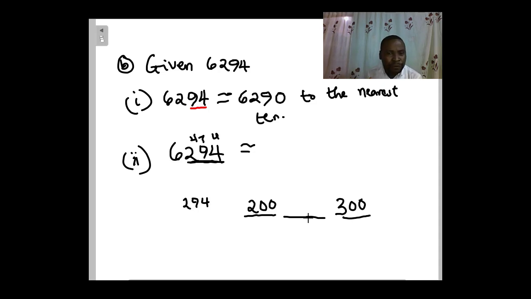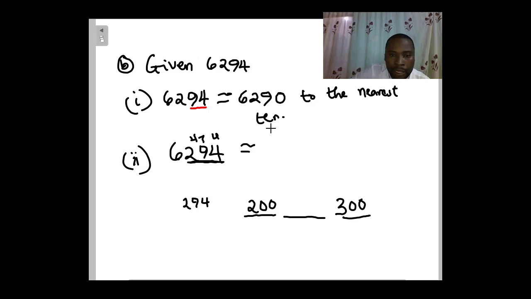But if you are counting from 294 to 300, you're going to count just 5 steps and you will reach 300. Only 5 steps, because 295, 296, 297, 298, 299, the sixth step, that is 300. But if you are counting from 294 backward to 200, you're going to count over 90 steps. So clearly, 294 is closer to 300 than it is to 200, right?